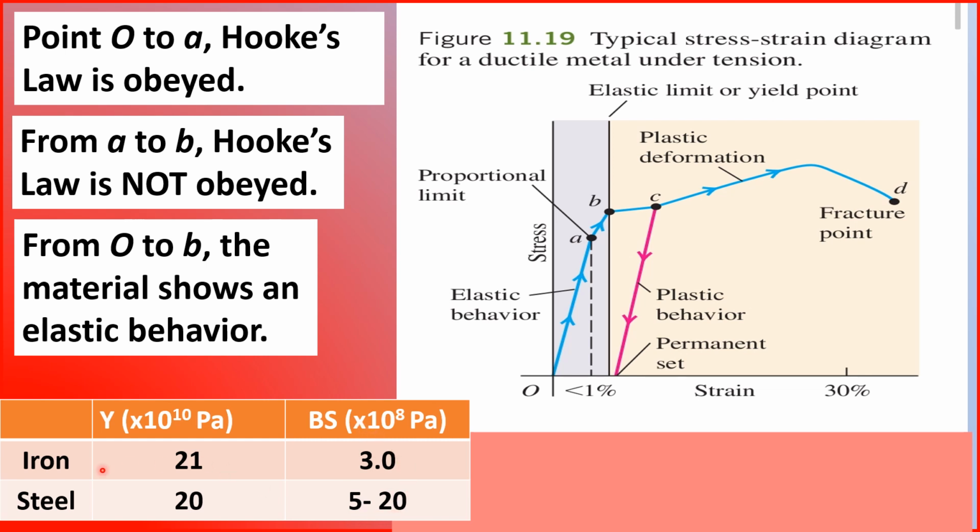So, while these two metals are considered very stiff compared to other common materials, in terms of strength, or their ability to withstand tensile stress until they break, it looks like steel is stronger compared to iron.